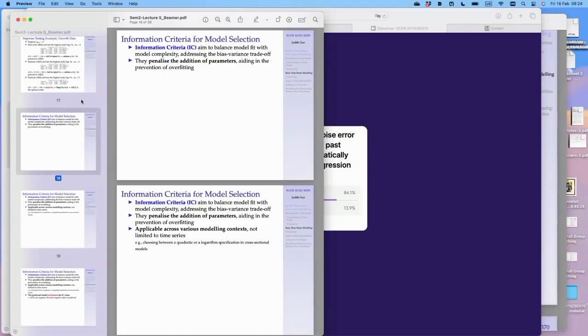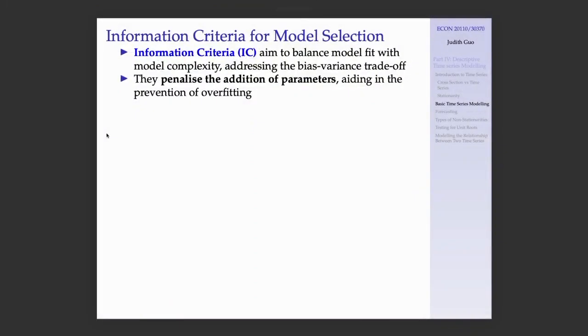So coming back to model selection. On Monday, we talked about the stepwise downward t-test, which is one way to identify the optimal lag order for an AR model. Now, today we're going to look at a different method for selecting the optimal P, which is called the information criteria.